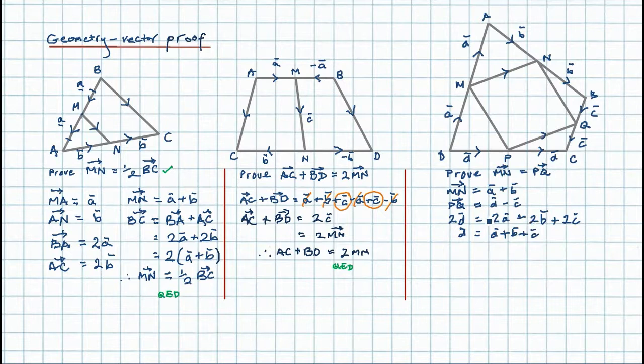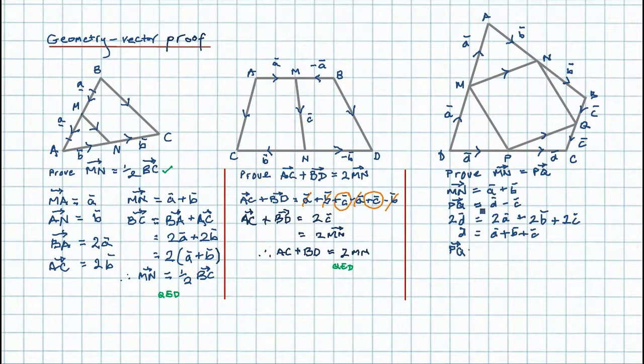And that's a really useful finding, because if I'm going to think about PQ now in a slightly different way, let's go round the outside. Okay, so P to Q, then I can go along here, which will be negative D, but I now know that D is A plus B plus C.